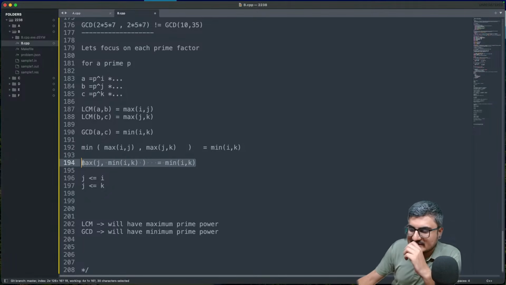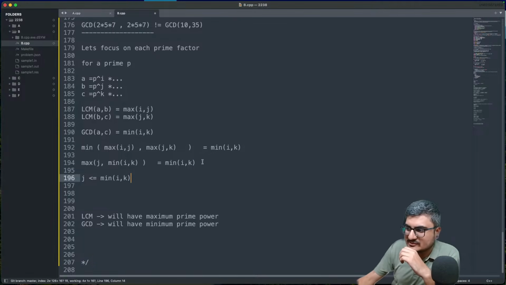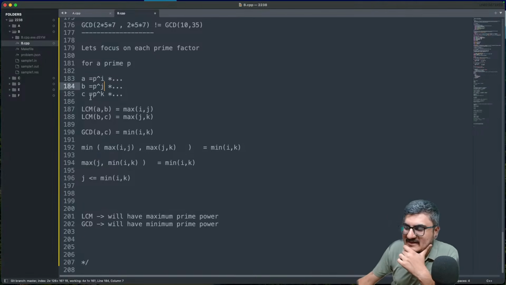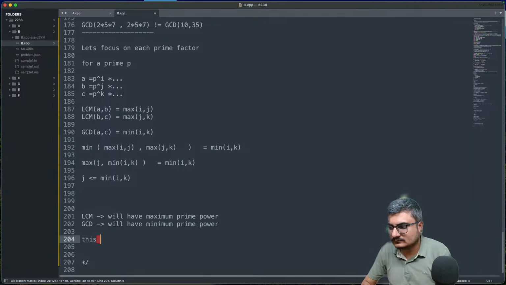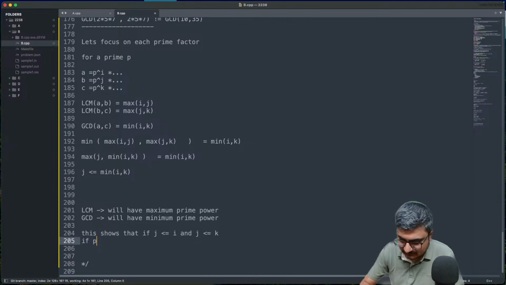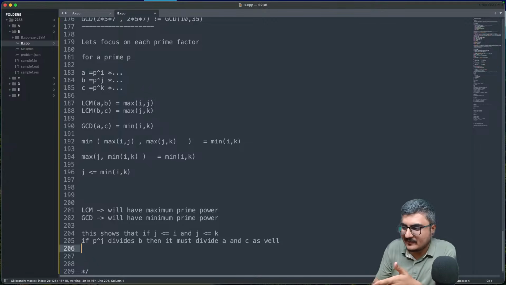And what I am claiming is, you can see this equation can hold true only if, whatever the minimum of I and K is, J is less than or equal to the minimum of I and K. Now this gives us the prime power of J which divides A and C, and J is less than or equal to K. If P to the power 3 divides B, then it must divide A and C as well, because the corresponding prime power in A and C would be more.